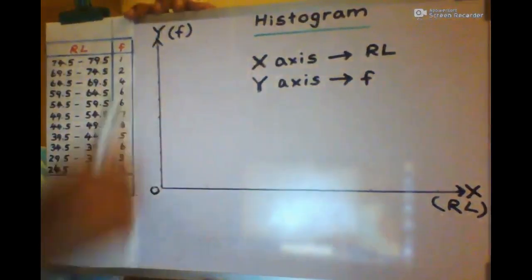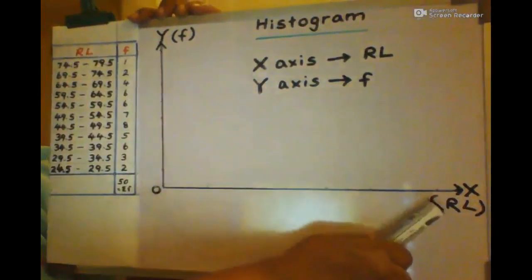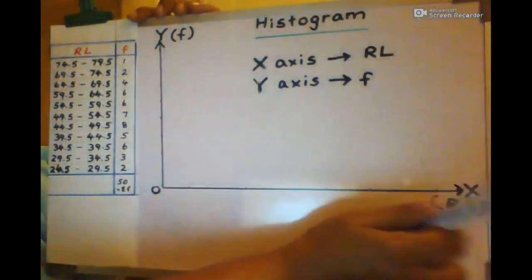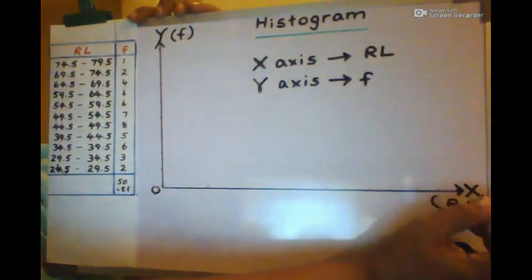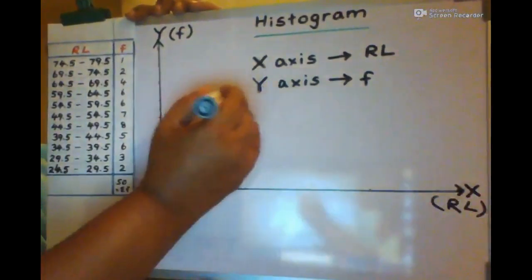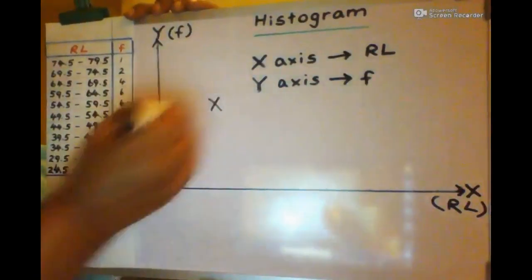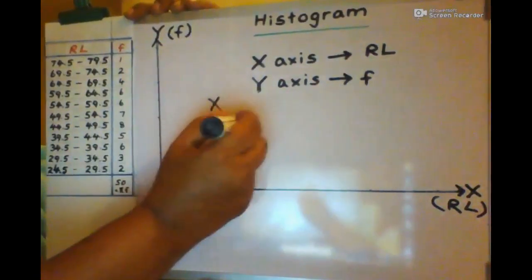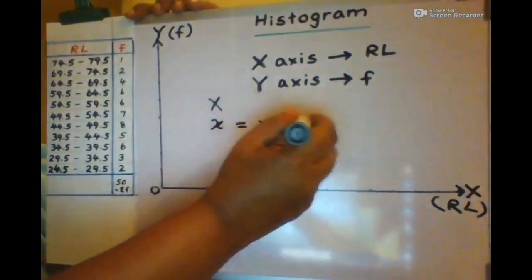Now, this is our graph. We have named the axis. We call this naming the axis. Here, this one is X. It should be capital X, not simple X. Simple X is something else. Simple X means capital X minus X bar.